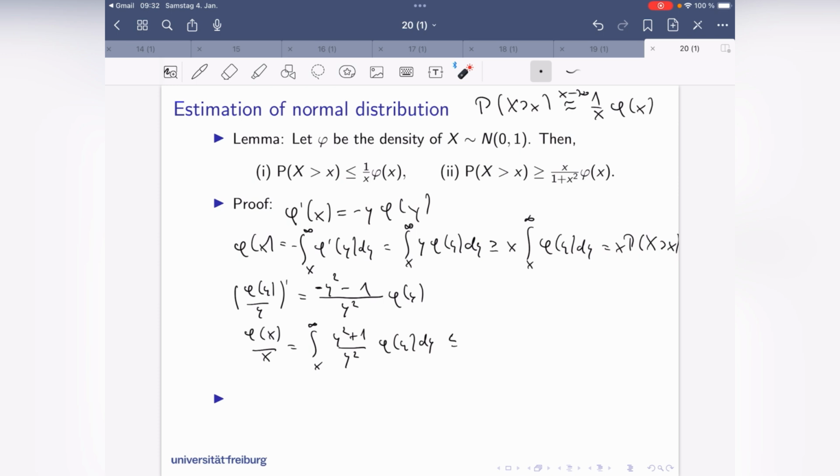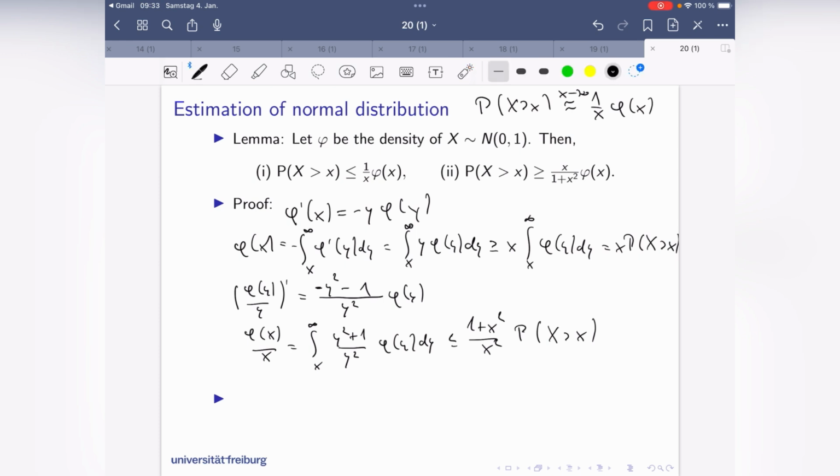That's largest for y the smallest, such that I can have an upper bound by using 1 plus x squared divided by x squared times the integral of phi of y from x to infinity. Okay, we know what happens there. That's the probability that X is bigger than x. And now bring the x squared to here, 1 plus x squared to here, I exactly get the bound that I would like. Okay, that's this proof.